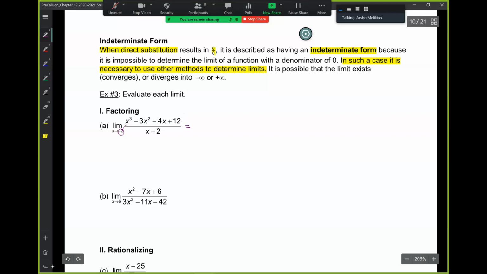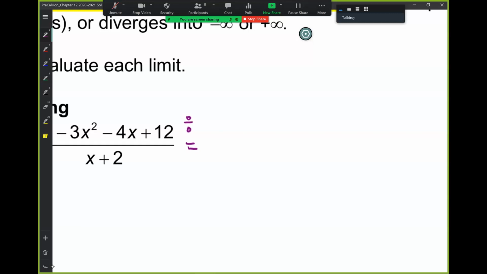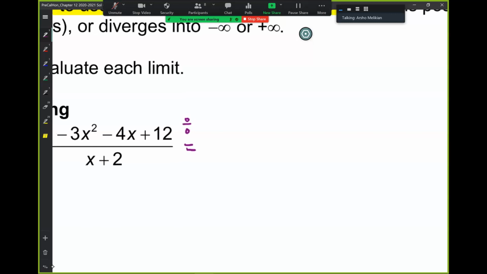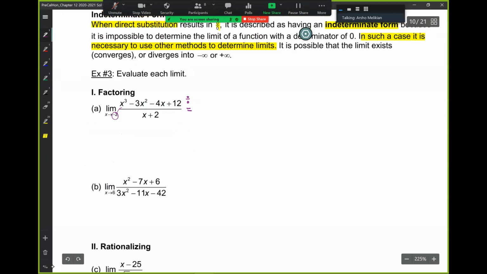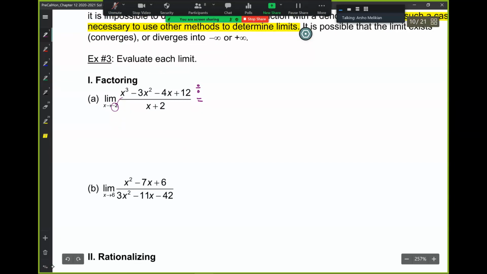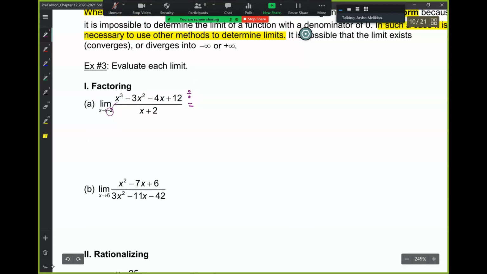One way to note that is we can put a little 0 over 0 on top of the equal sign. If you get 12 over 0, which we'll see, that's infinity. That's a different situation. This is only for 0 over 0. Okay, so now what you're going to do is you're going to factor. The denominator can't be factored, but you have to factor the numerator.